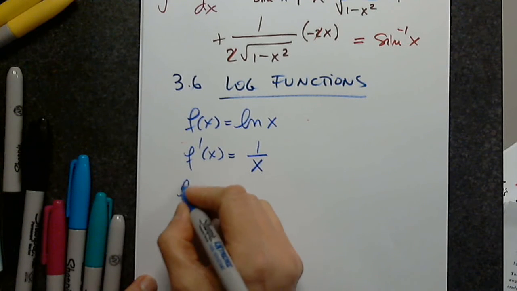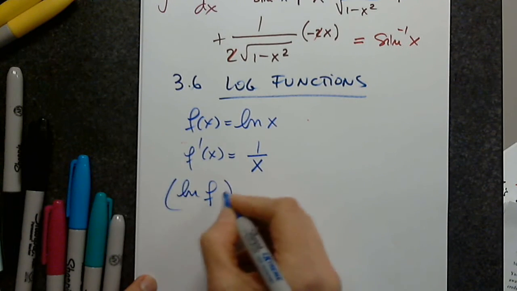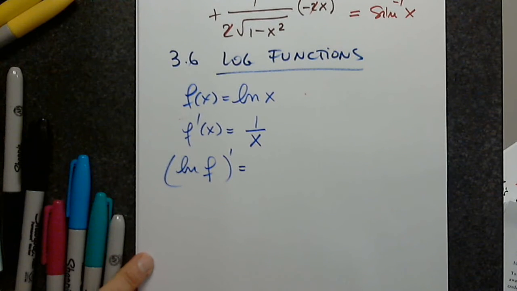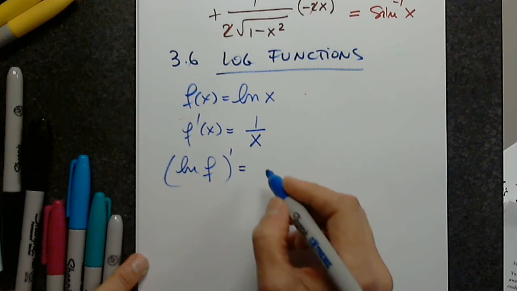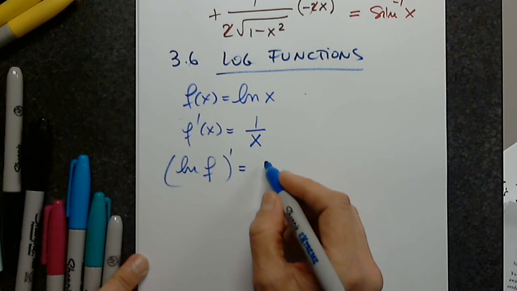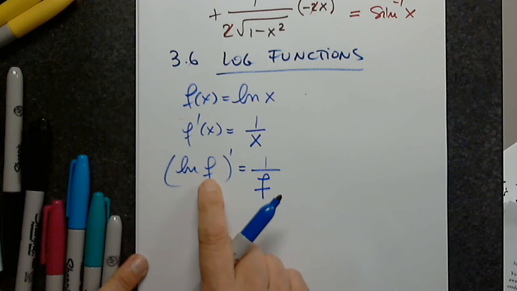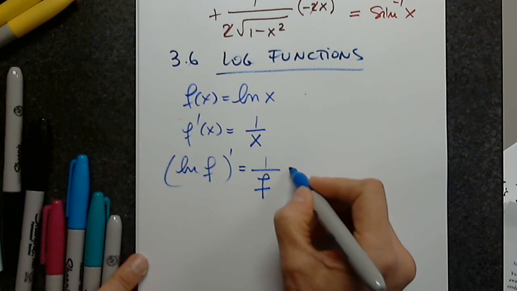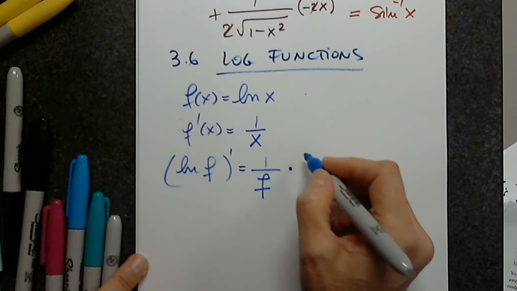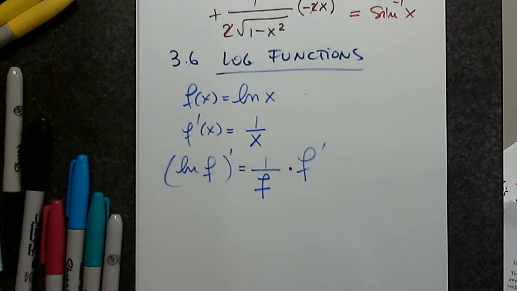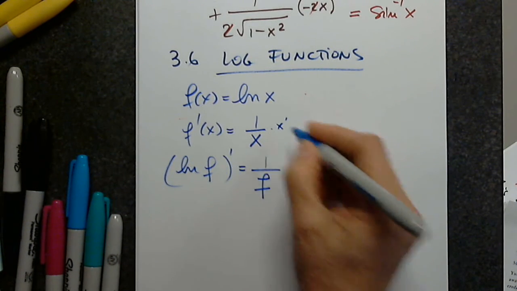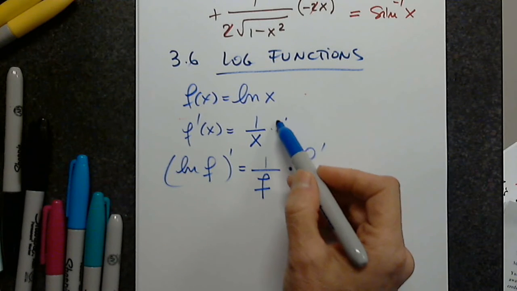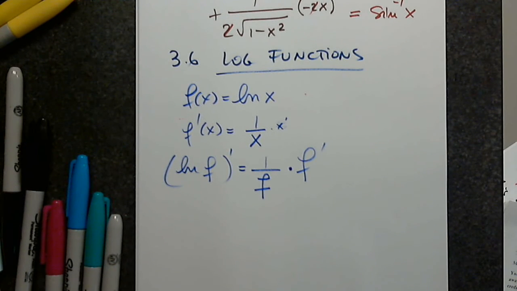What if I have natural log of a function prime? What do I get? 1 over x. Or 1. I should have multiplied here by x prime, but I don't because that is 1. Okay?